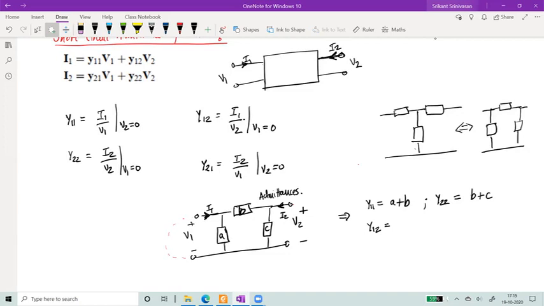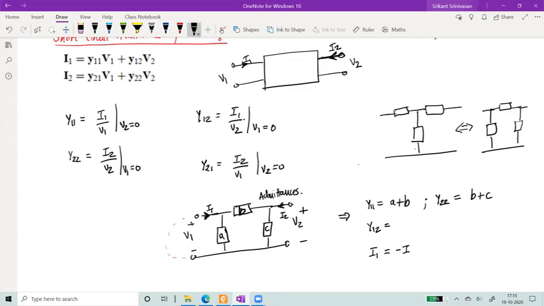So I2 over V2, we already did it as B plus C, right? B plus C is the total admittance, and I1 is minus I2, which is, okay, let's not write it as B plus C in the denominator. So I1 is, let me write it separately here instead of doing it mentally.